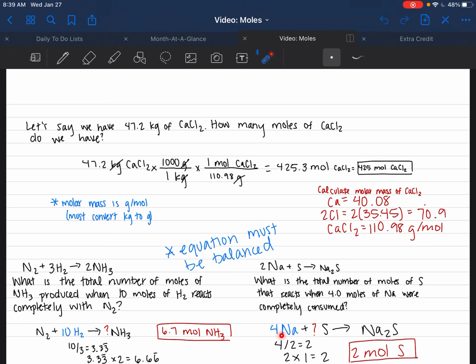But we know that this is 4 of sodium. Notice when we first balanced that equation, it said 2. So to get from 2 to 4, we just multiplied it by 2. So do the same thing to the coefficient that was in front of the S. The coefficient that was initially in front of that was just a number 1. So 2 times 1 is 2. So we know 2 moles of S. So remember, all of these equations must be balanced before you do these mole conversion problems.